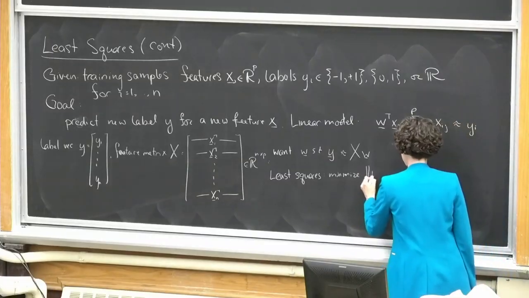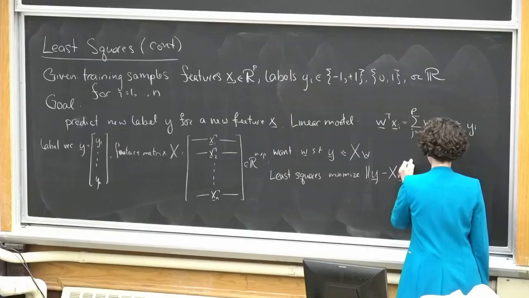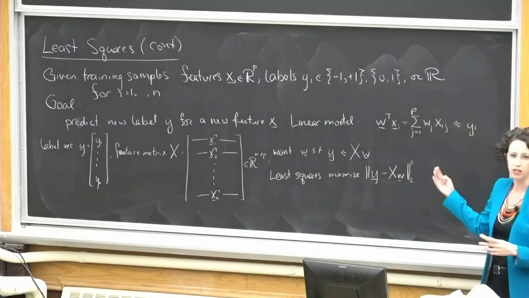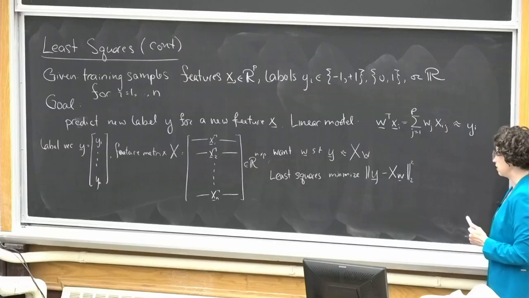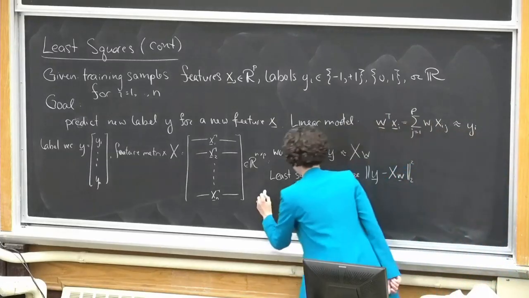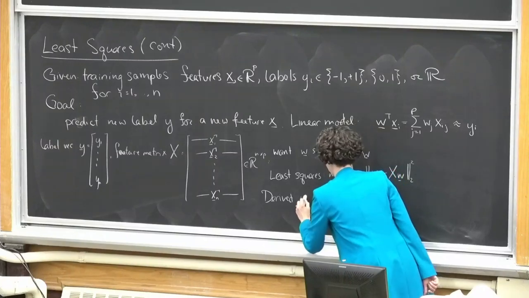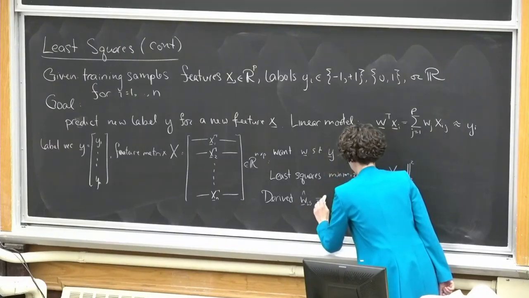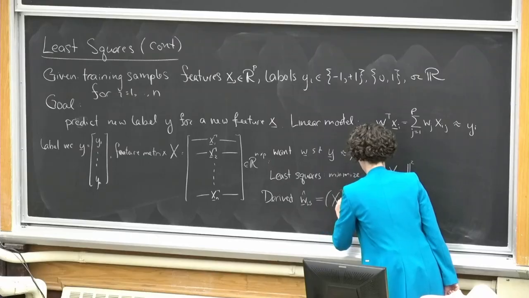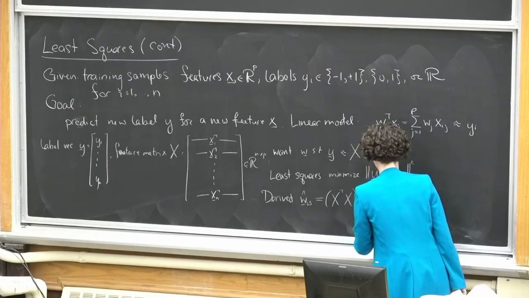So we tried to minimize y minus Xw, and we wrote this as this 2 norm, or equivalently the 2 norm squared. So we wanted to minimize this, and what we derived was a least squares weight vector that had the form X transpose X inverse X transpose y.